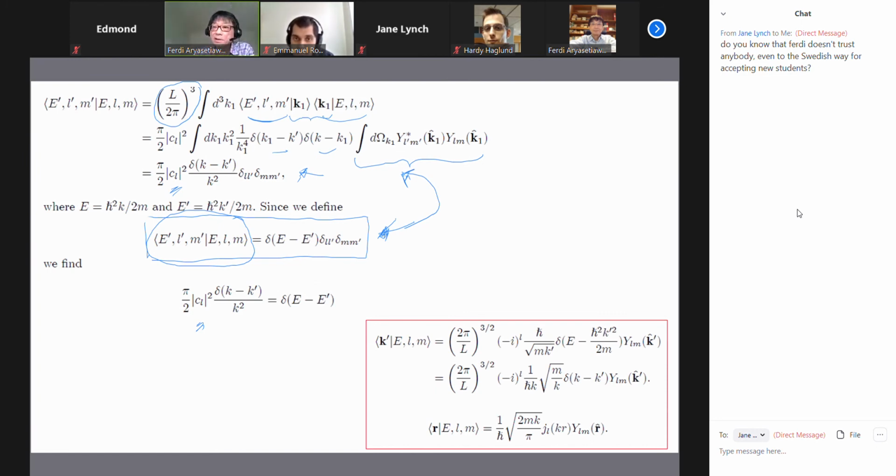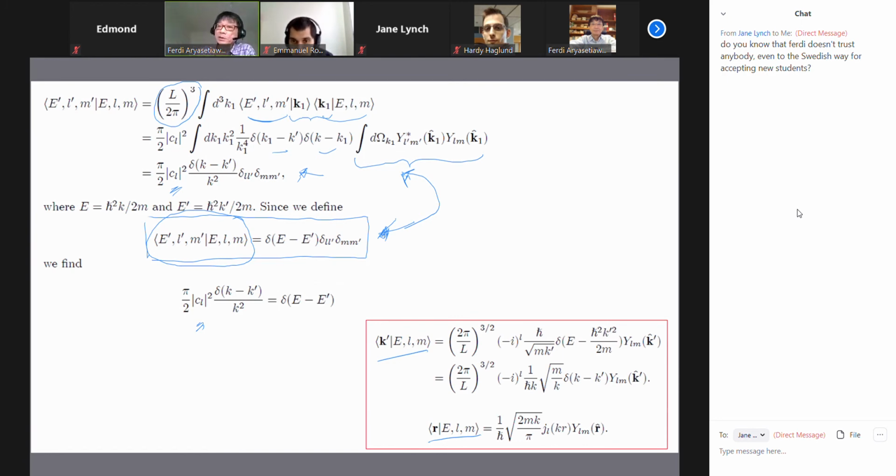So if we use that result, then you get the explicit expression for this partial wave in momentum space and in the position representation. You get rather complicated constants.